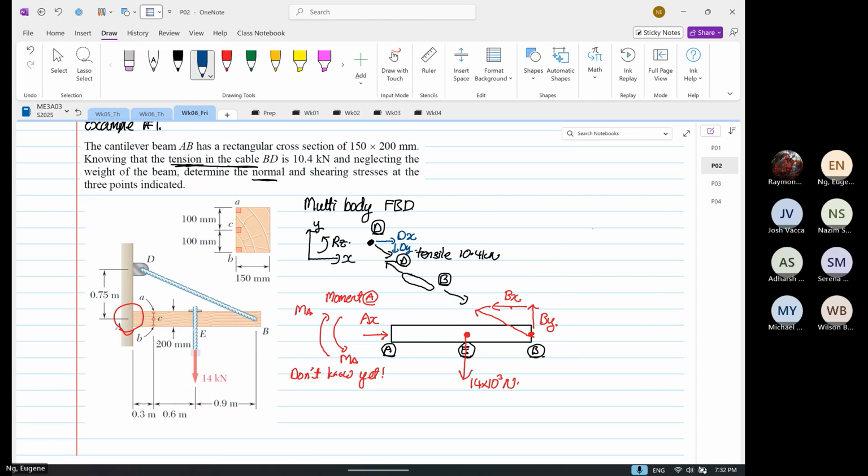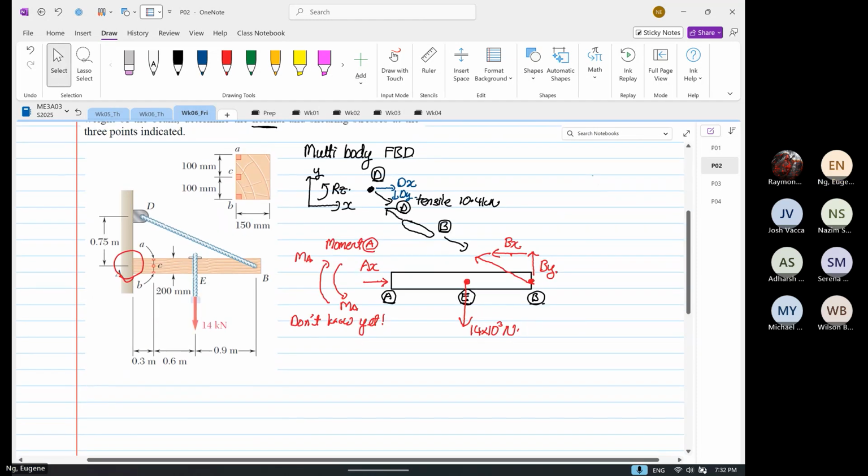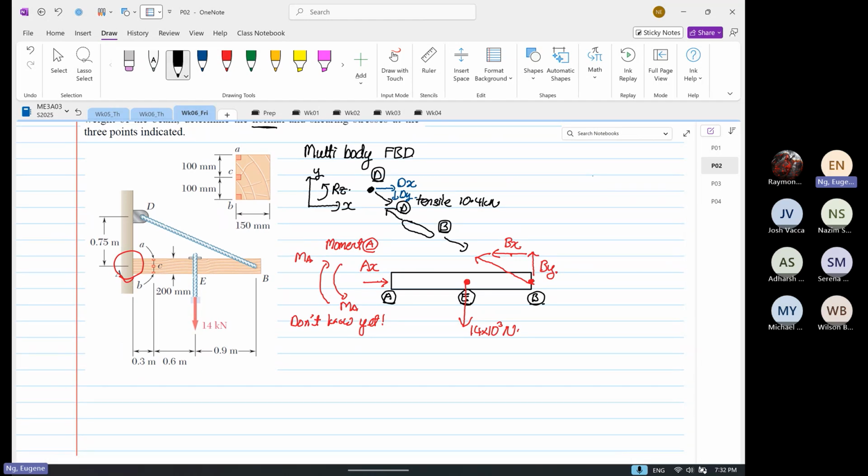Okay, right? So here we go. So the first thing we do is we want to find what is Bx and what is By. So we are given FBD.